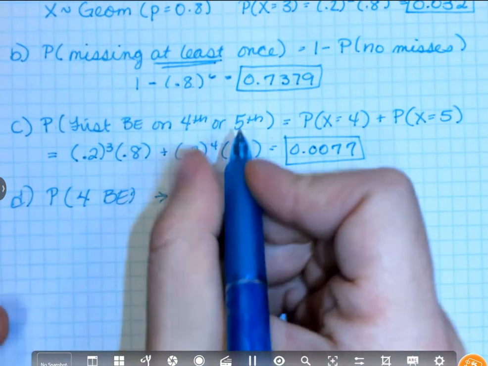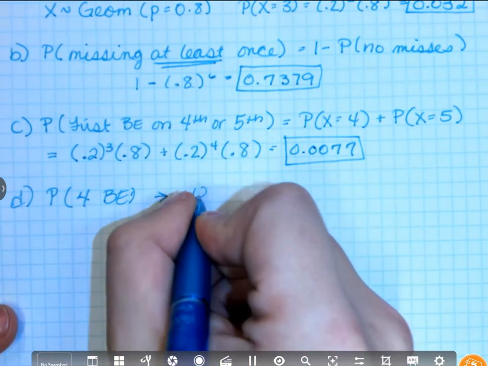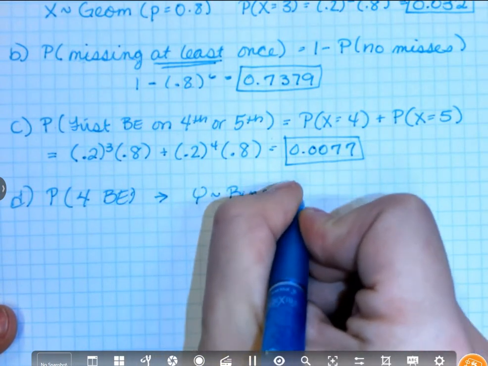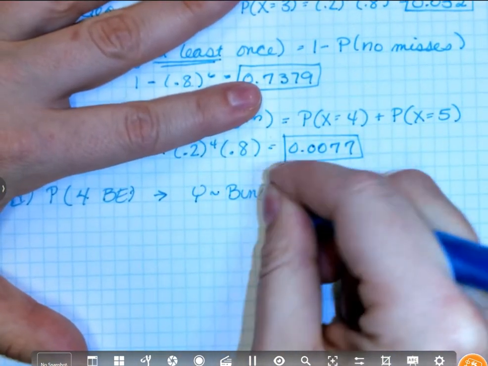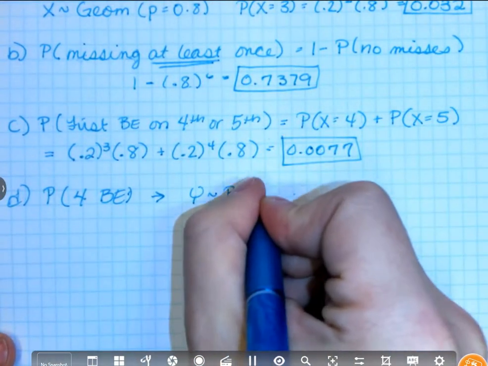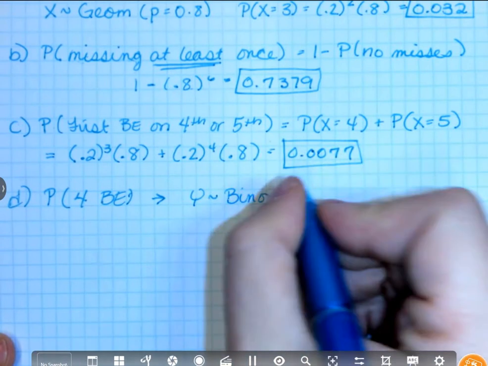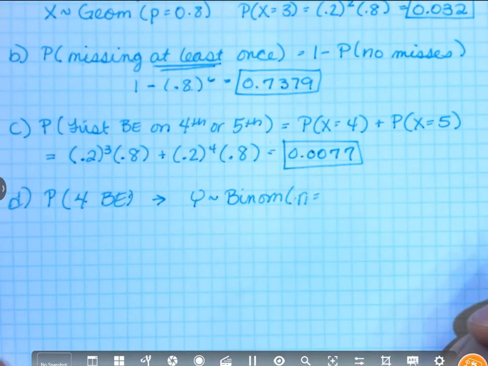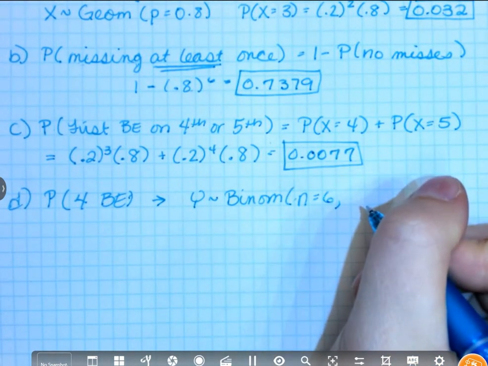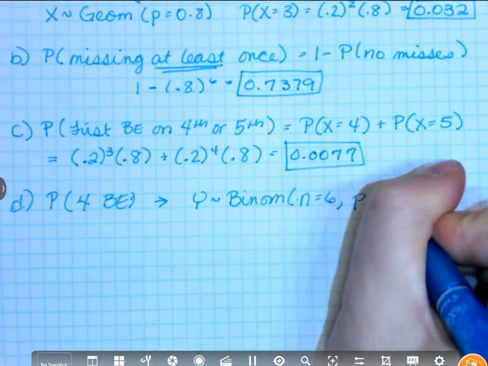For this one, I'm using the idea that Y follows a binomial, and I don't actually need to write the whole thing out. Sometimes they just say bins, but I like binom. Where N was how many fixed shots? 6 fixed shots.